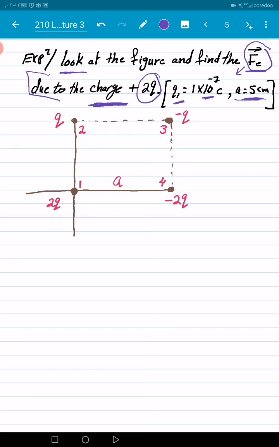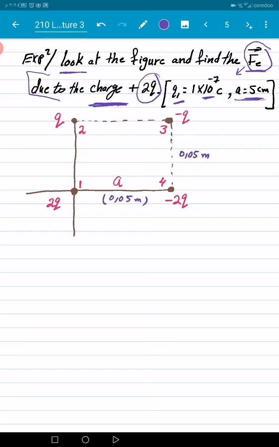So I explain: a is 5 centimeter, so I can convert it to meter, 0.05 meter. That is the distance. Because it is squared, that is 0.05 meter. Here is the same, here is the same.